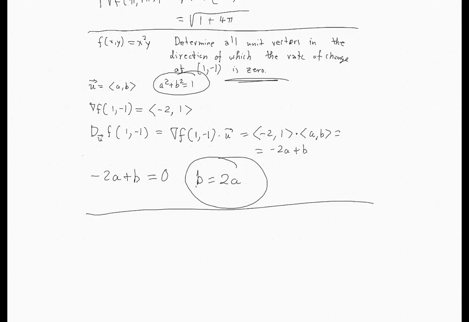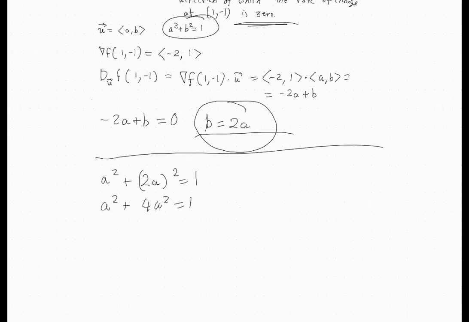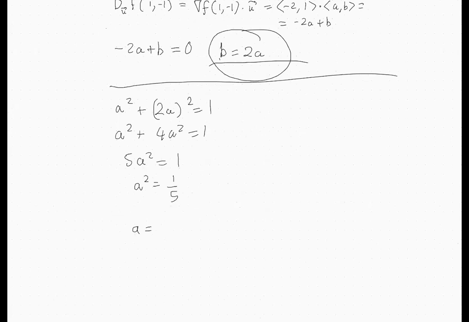So that will give you A squared plus 2A all squared is equal to 1, which means that A squared plus 4A squared is equal to 1, which means that 5A squared is equal to 1, which means that A squared is equal to 1/5, which means that A is equal to plus or minus 1 over square root of 5. And so B will be plus or minus 2 over square root of 5.